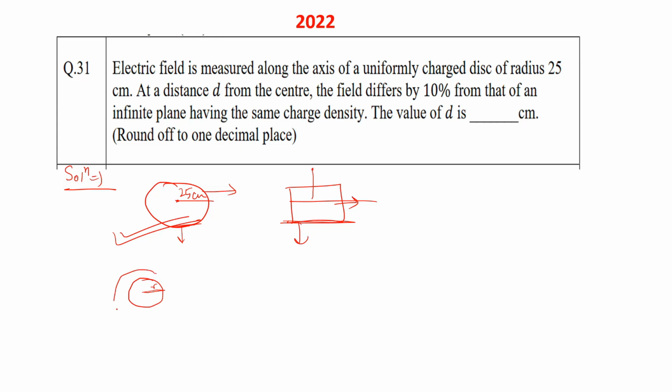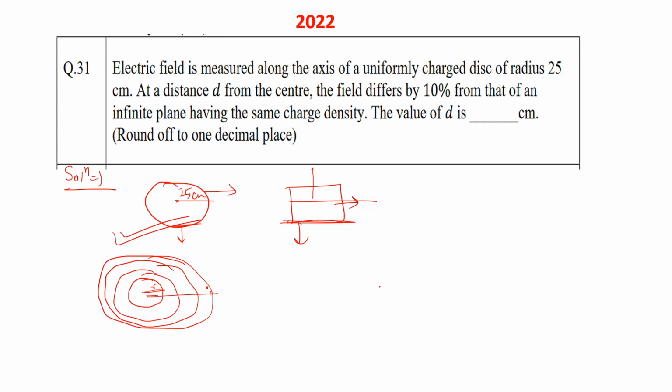The disk is made up of small rings. If you increase the area of these rings, they will make the disk. So if you integrate the radius from this point to this point, you will get the electric field due to the disk.